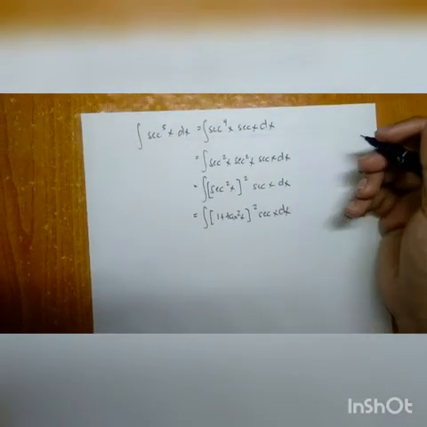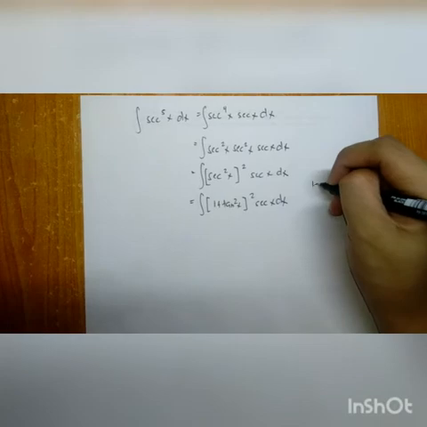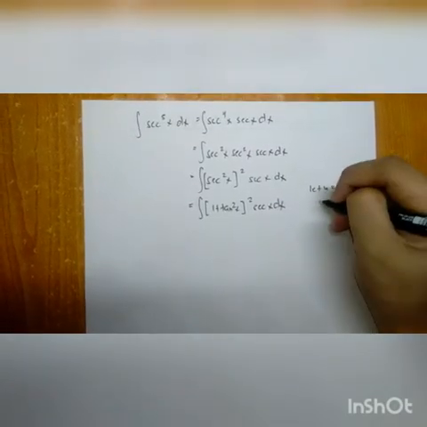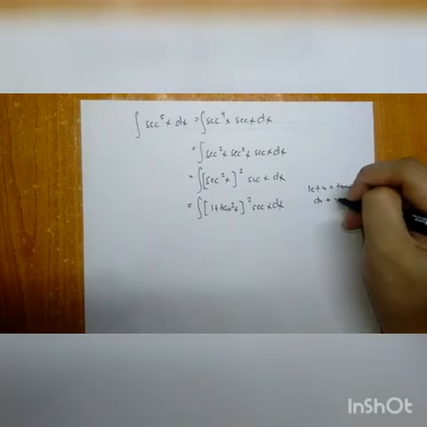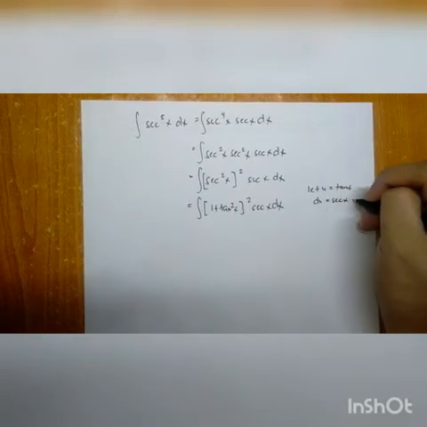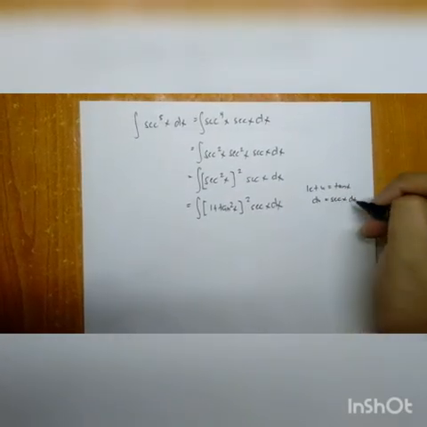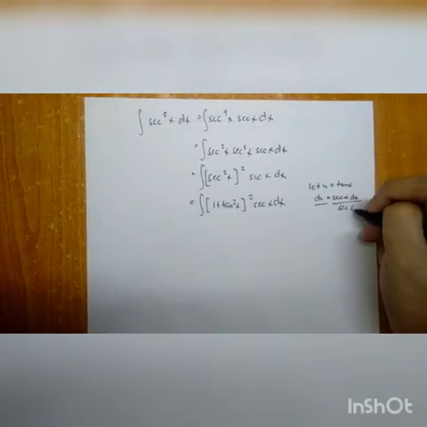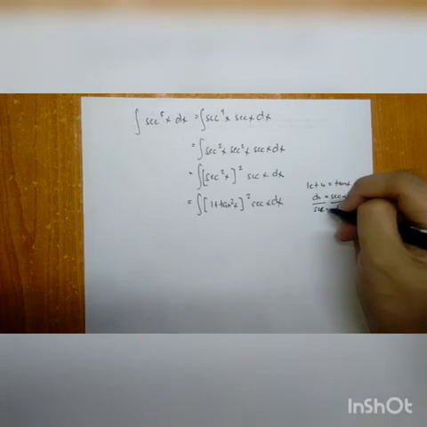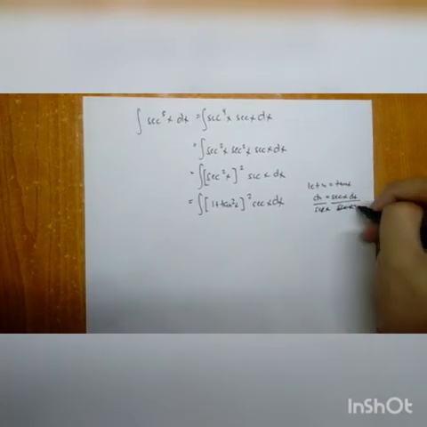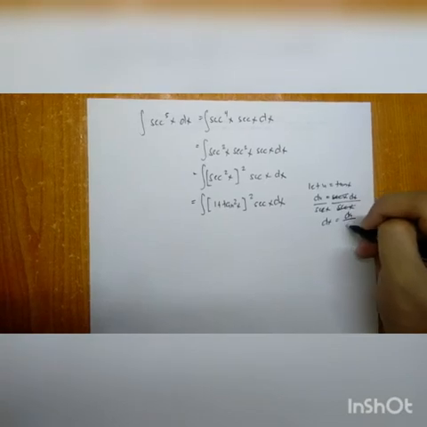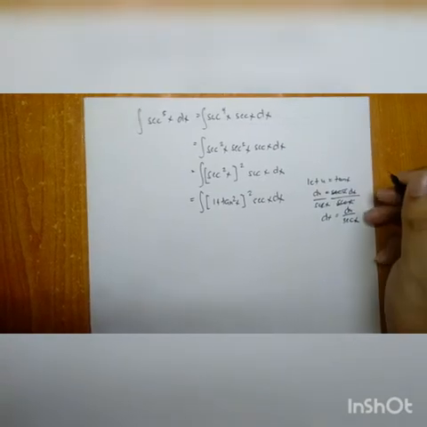Now, we will use u substitution. We will let u be equal to tangent x, and du is equal to secant squared x dx. To get dx, we will divide both sides by secant squared x, cancel, and dx is equal to du over secant squared x.